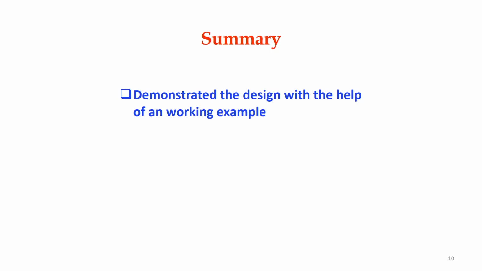So, in a nutshell, we have demonstrated the design with the help of a working example. I hope that you have got an overview of a solar PV off-grid design. Thank you very much for watching this video.